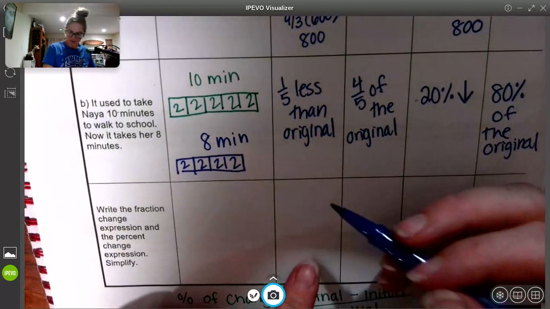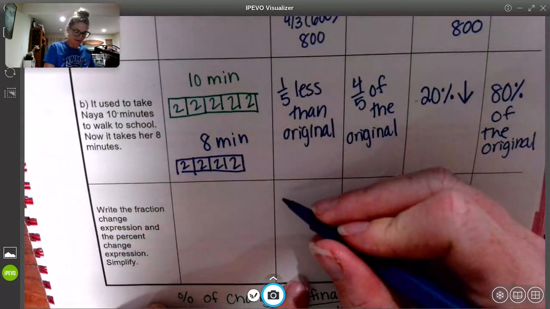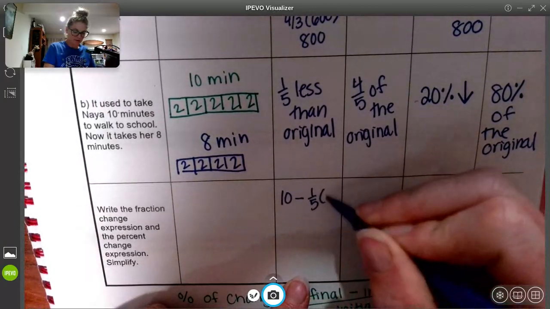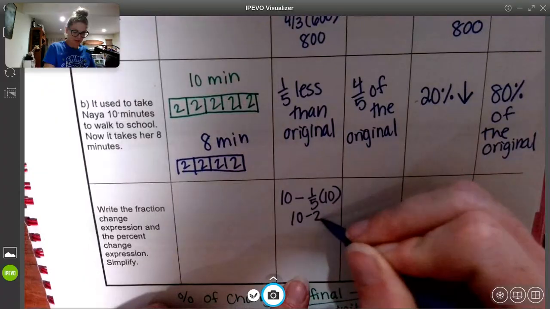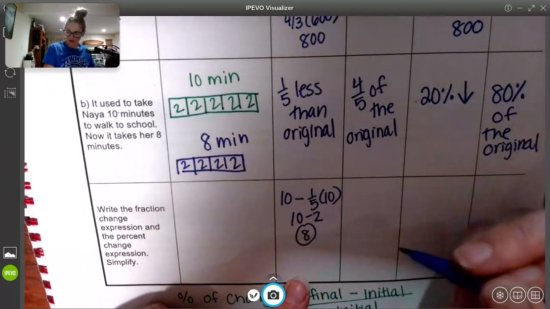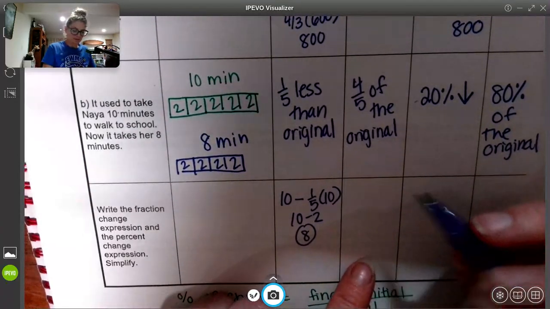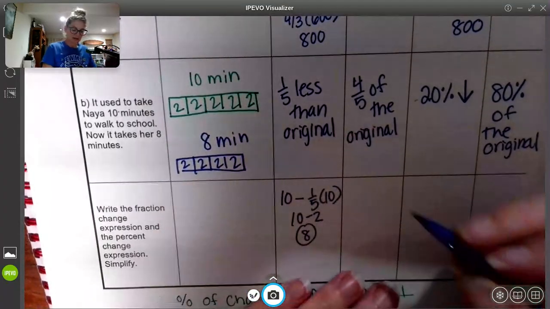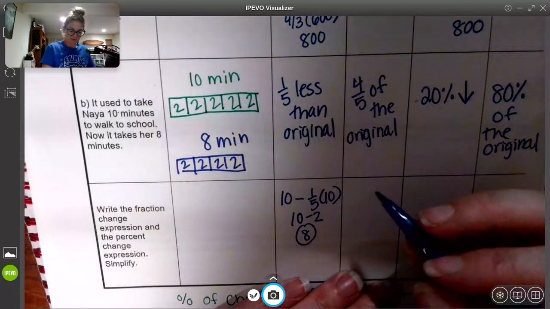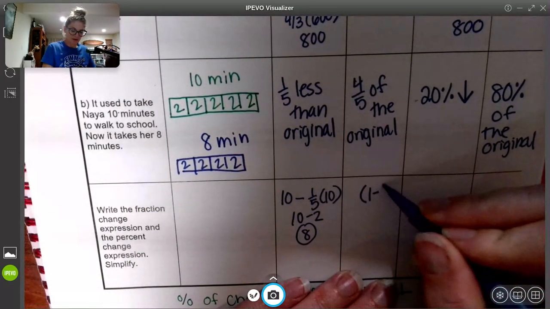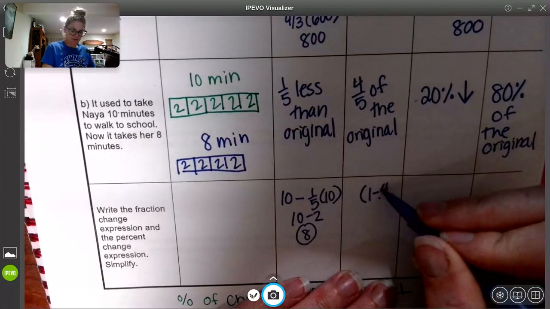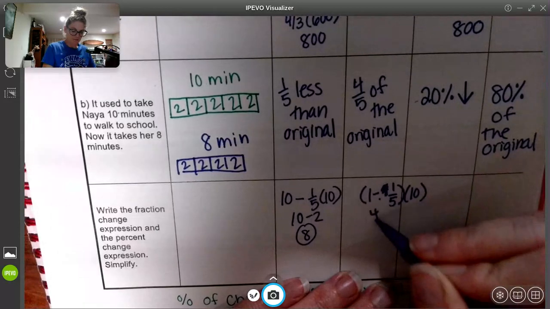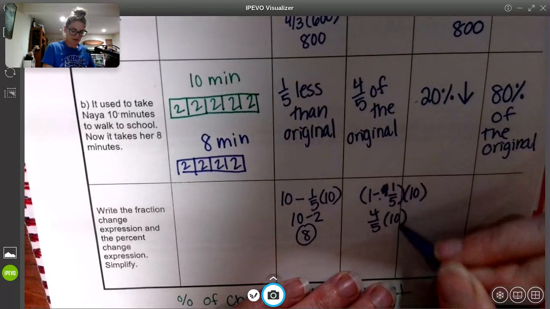So looking at this with numbers, if we had 1/5 less than the original, we can think about this as 10 minus 1/5 of 10, which is 10 minus 2, which gets you 8. If we look at 4/5 of the original, so if you're not taking 1/5, you are taking 4/5, because you can think about this as 1 minus 1/5 times 10, which would get you 4/5 times 10, which also gets you 8.